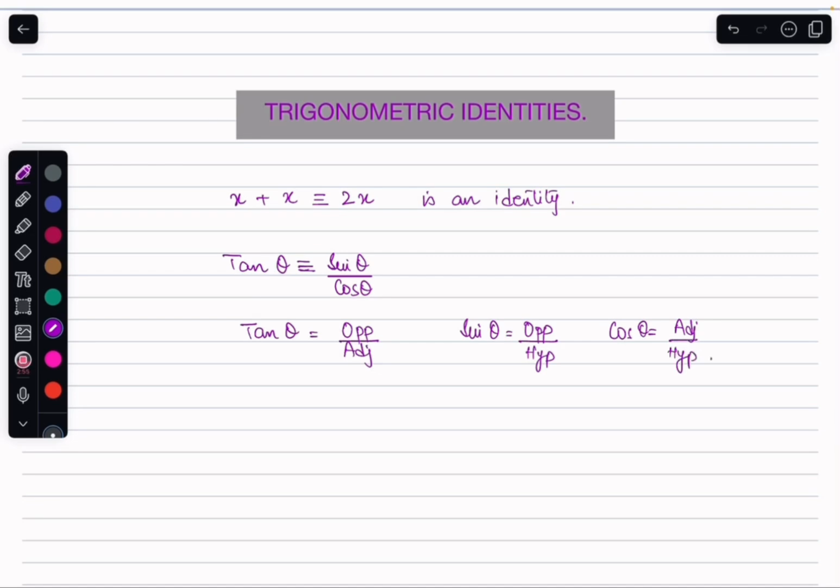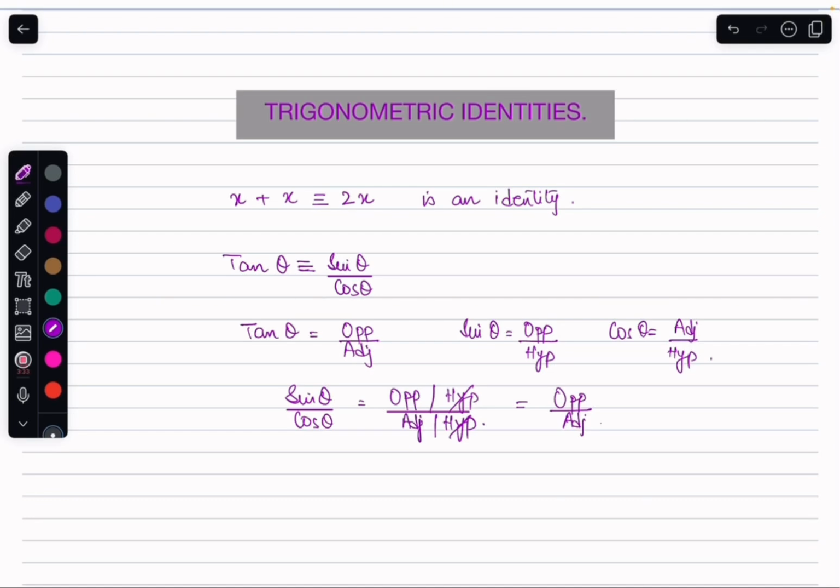So if I take the ratio of sine theta over cos theta, this becomes opposite over hypotenuse divided by adjacent over hypotenuse. So hypotenuse gets simplified, and we are left with opposite over adjacent, which is actually the tangent ratio.